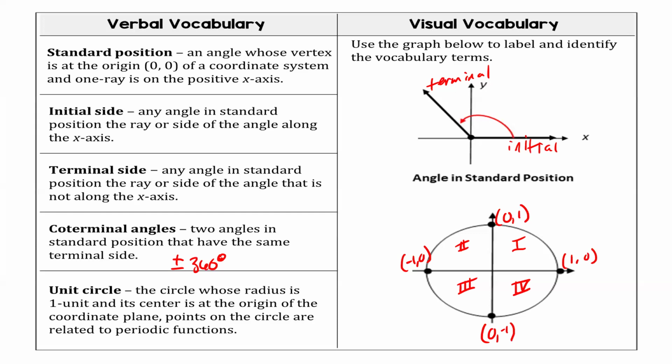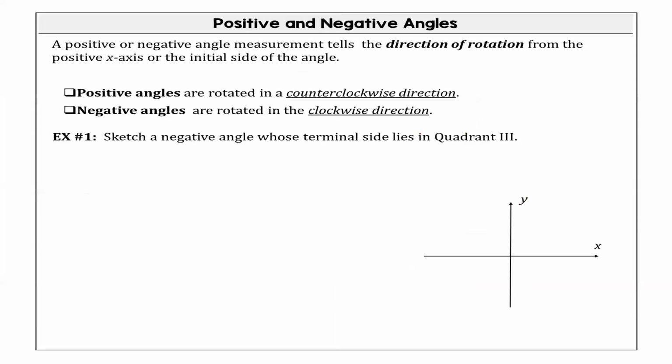Okay, so continuing on. Now, positive and negative angles. A positive or negative angle measure tells you the direction of your rotation. When you have a positive angle, you are rotating counterclockwise. Positive angles rotate through the quadrants in order: 1, 2, 3, 4.